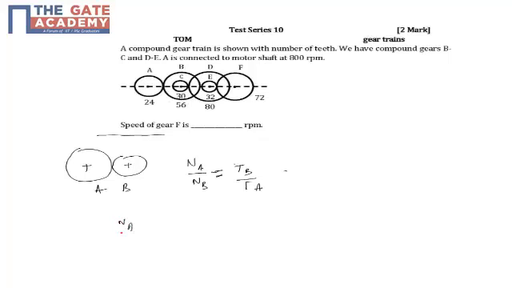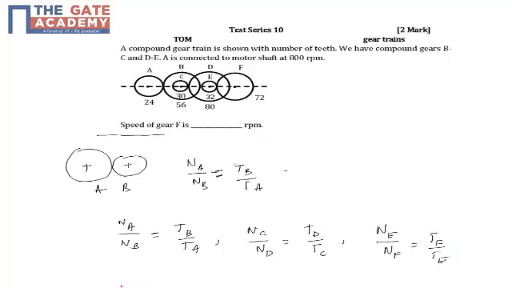So NA by NB is TB by TA. And now NC by ND is TD by TC between C and D, and now E and F interact, so NE by NF is TF by TE.